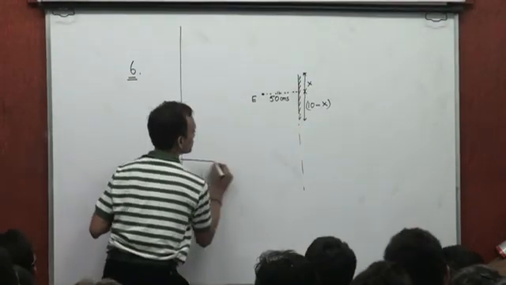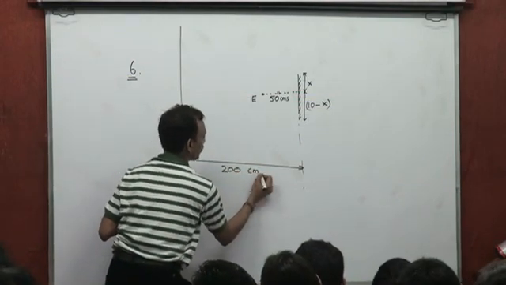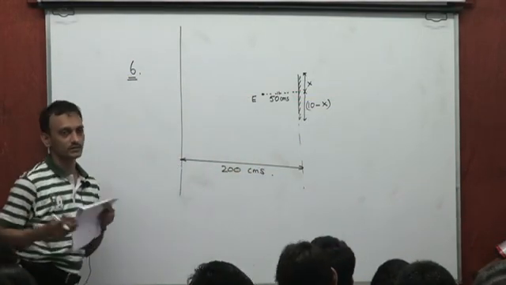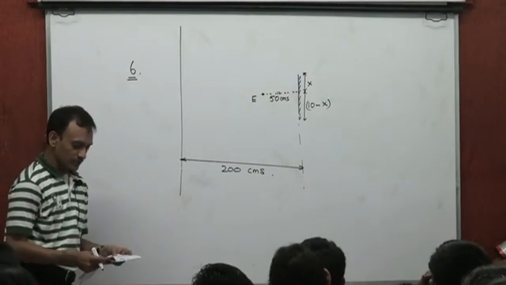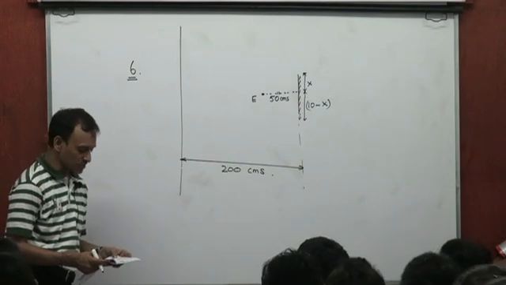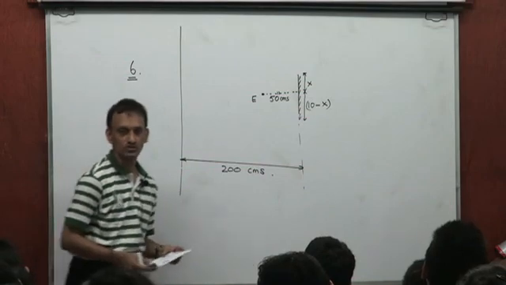This distance is given to be 200 centimeters. The person looks into the mirror from 50 centimeters. How much width of the wall or the height of the wall behind him will he be able to see?